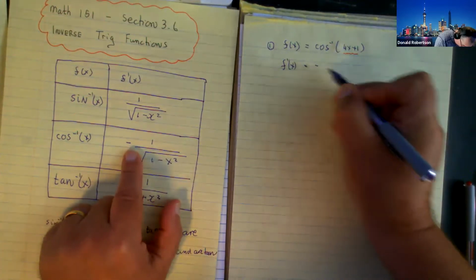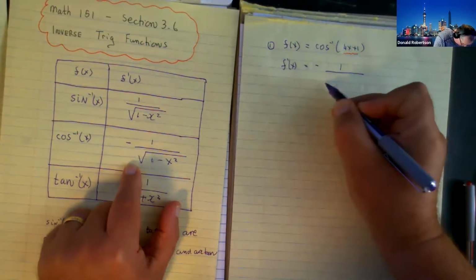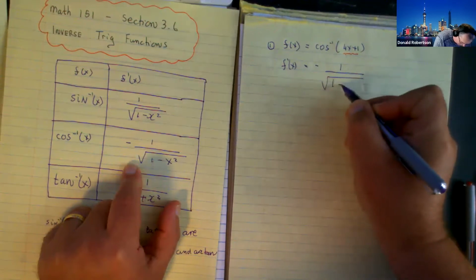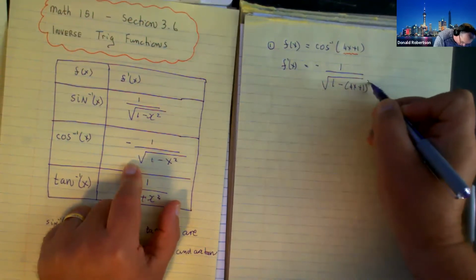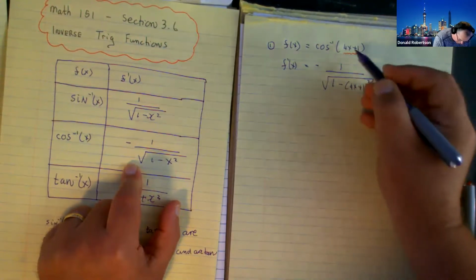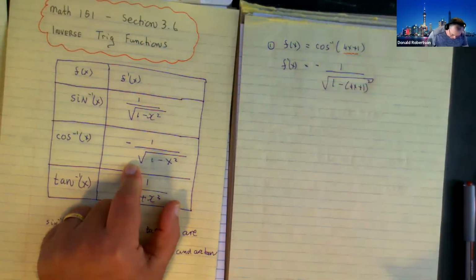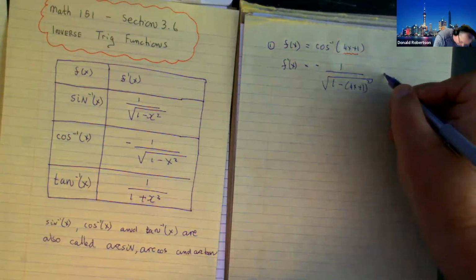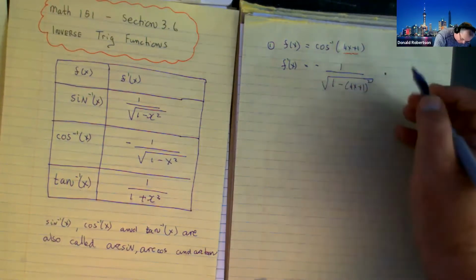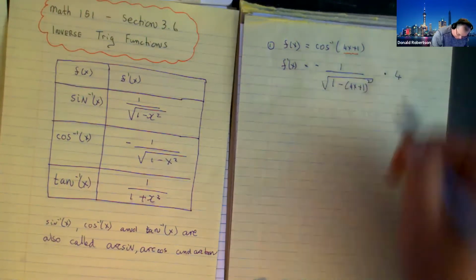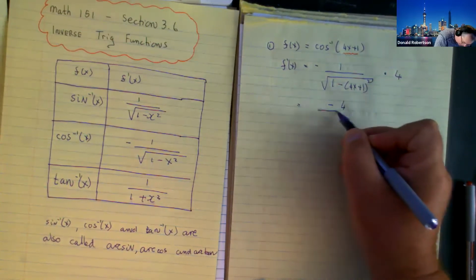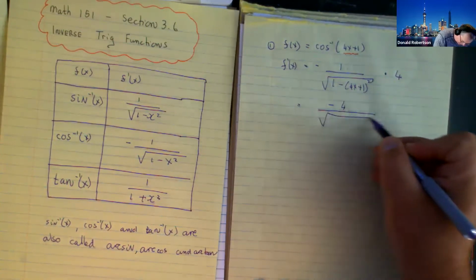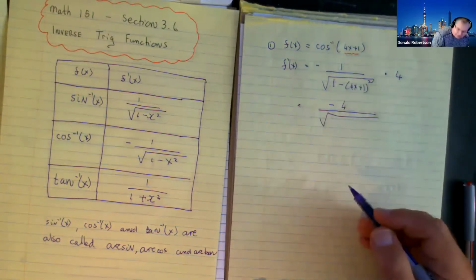You get negative 1 over the square root of 1 take away the inside function squared. So it's not 1 minus x squared, it's 1 minus that guy squared. And then you always finish with the derivative of the inside function, which in this case is 4. So I have negative 4 on the top. And I have all this stuff.